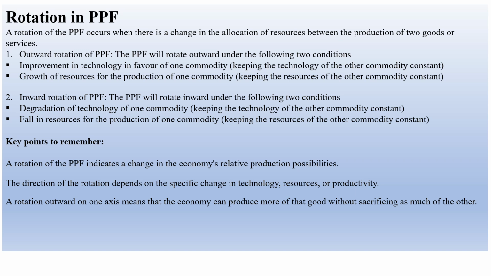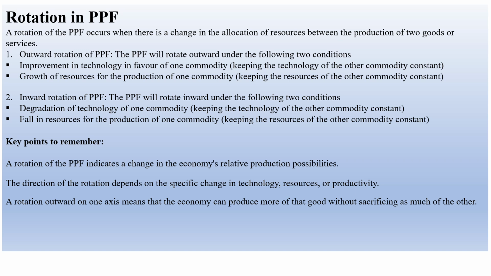Then inward rotation. The PPF will rotate inward under two conditions: degradation of technology of one commodity, keeping the technology of the other commodity constant; then falling resources for production of one commodity, keeping the resources of the other commodity constant.